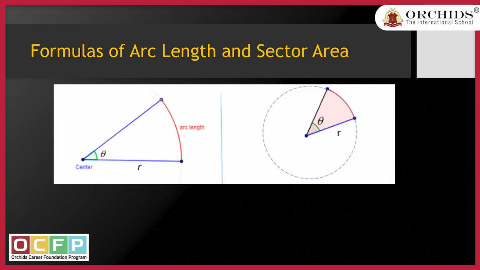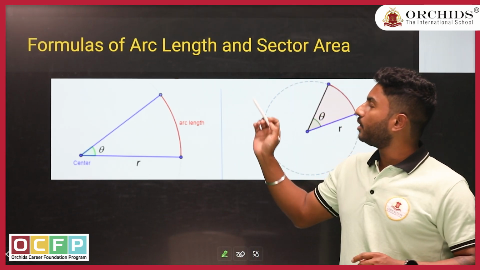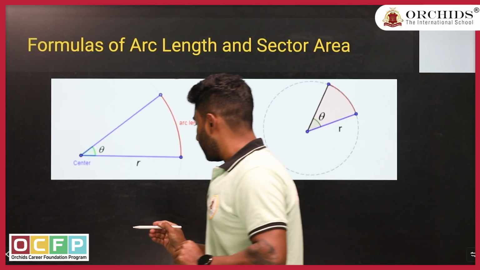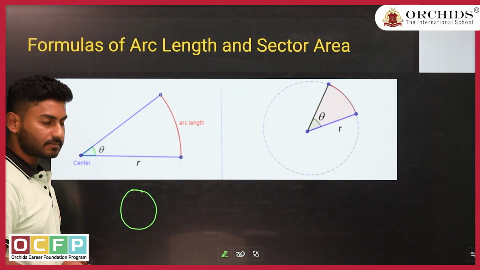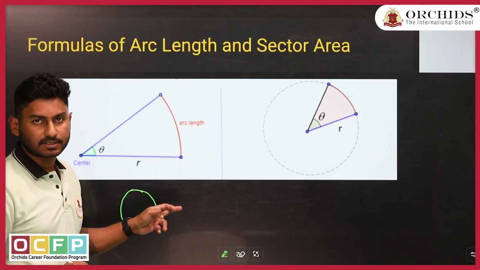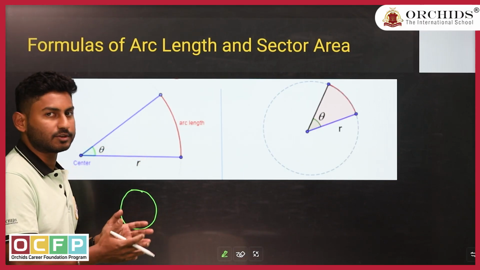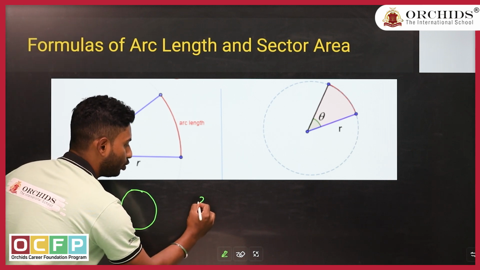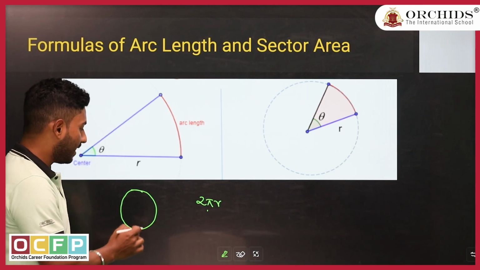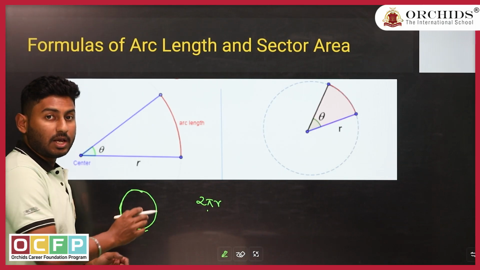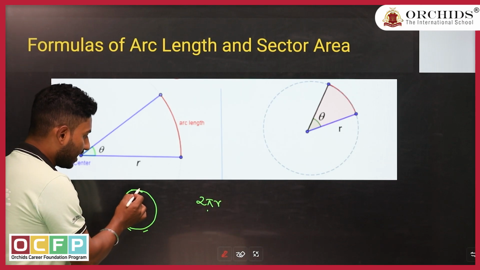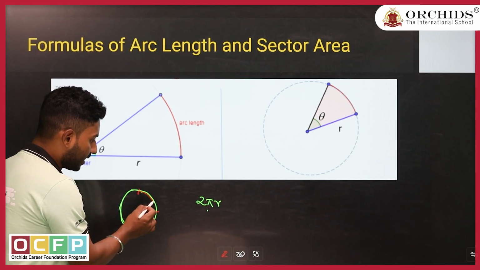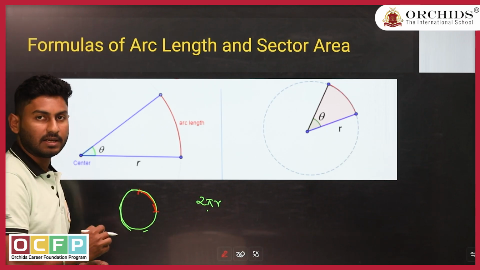Before starting with the question, let me summarize two things. The first one is the formula of the arc length. Suppose this is our circle. What is this called? This is called the circumference. If I need to measure the length of the circumference, we generally multiply 2 with pi and then r. So this is the length of the whole circumference, right? What if they ask you to just find the length of a part of the circle?